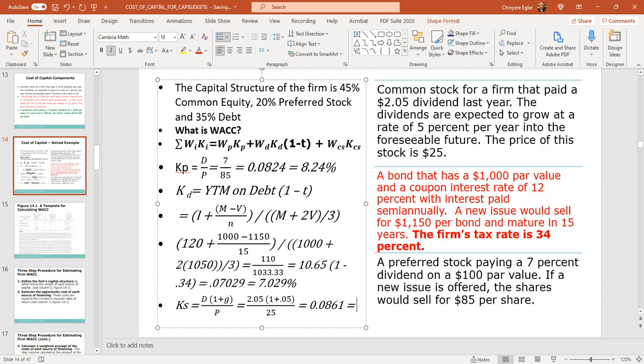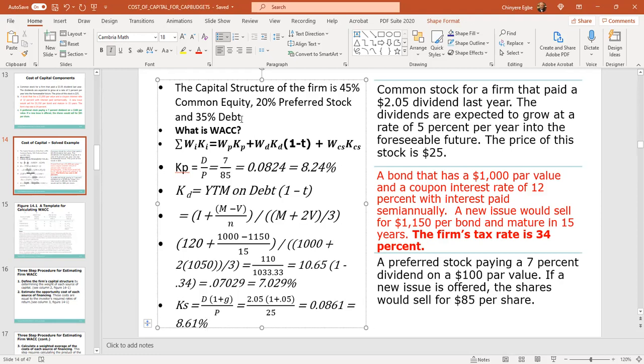So now we are going to apply that to finding out if a company has this capital structure. Now, we didn't even think about how to calculate capital structure yet, but we're going to assume capital structure, okay?